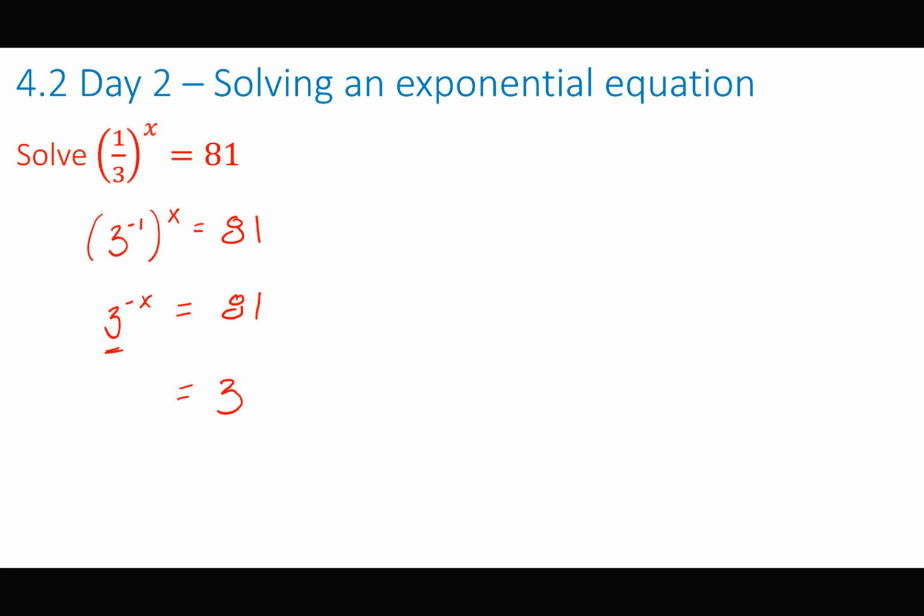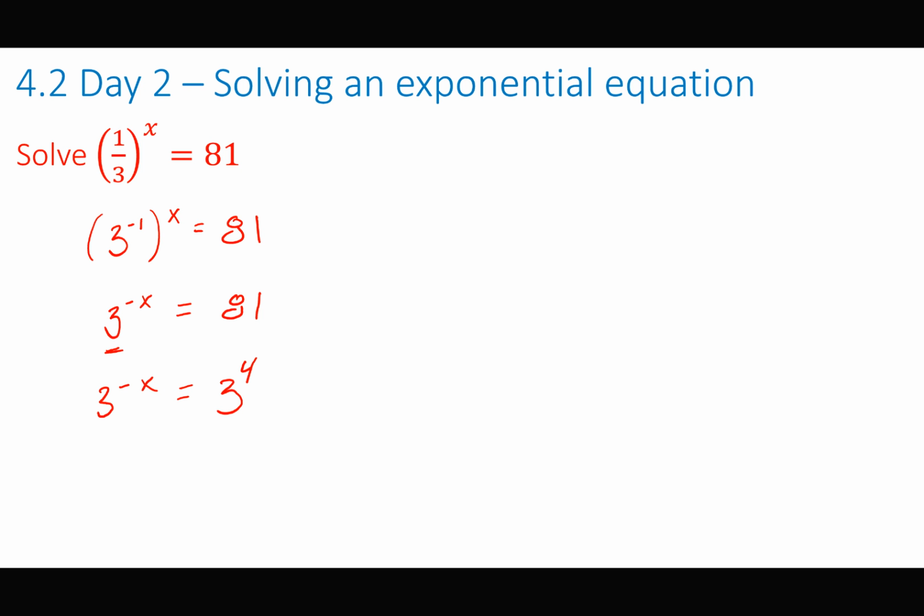And I don't expect you to be up on all of these, but you're trying to say, okay, 3 times 3 times how many will it take to get 81? I could do that. That's 3 to the 4th. So now I have 3 to the negative x equals 3 to the 4th.